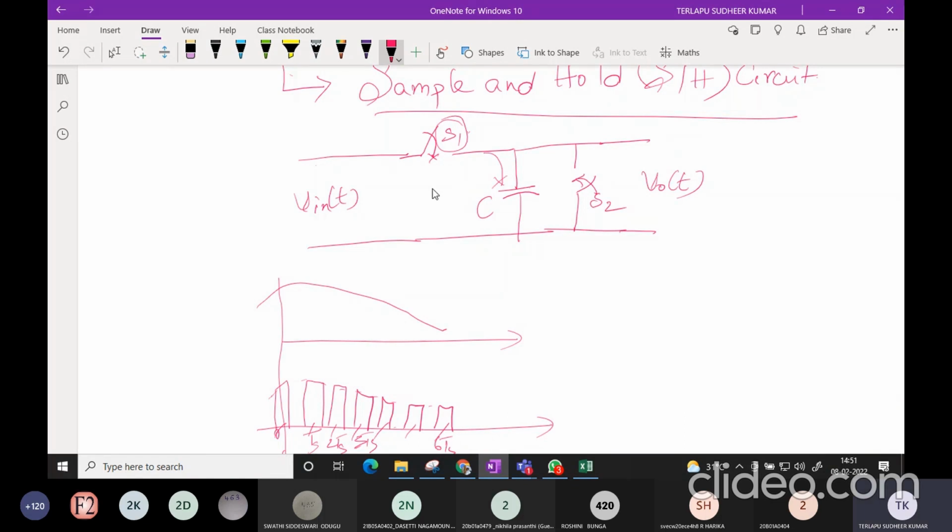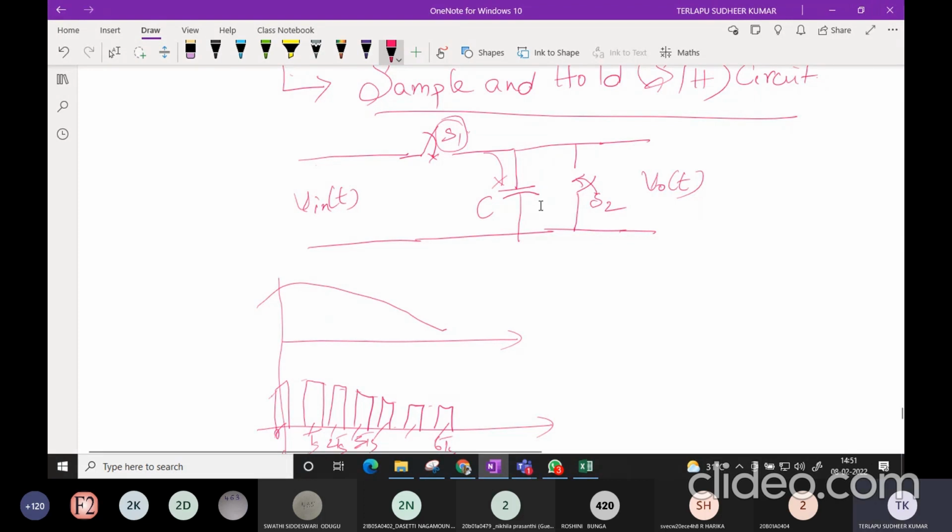I choose my capacitor in such a way that my time constant RC is very, very small, such that I can say my charging time of the capacitor is very small. When the time constant is small, charging and discharging take place almost instantly.